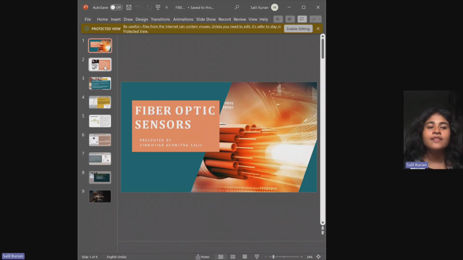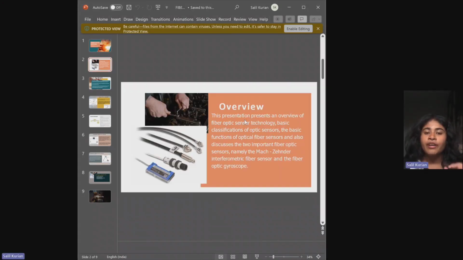So when we speak about fiber optics, it is a sensor technology. We will speak about the basic classifications, basic functions, and basic mechanisms of fiber optics. The scientist who brought this was Dr. Lumino.